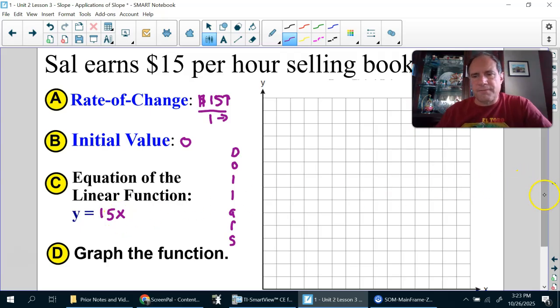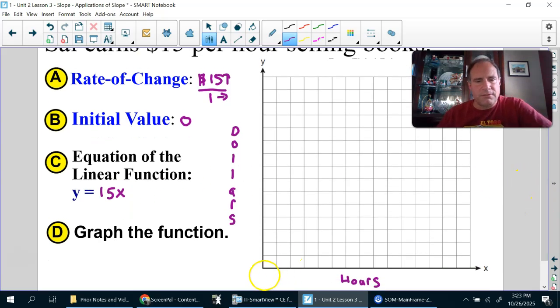And it says graph the function. So let's put some numbers down. So we are going to go 0, 1, 2. We're going to count by ones for the hours.